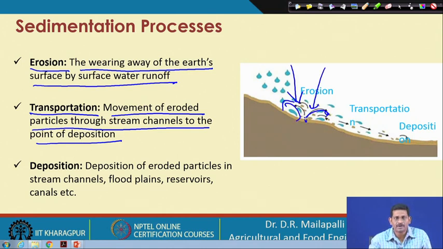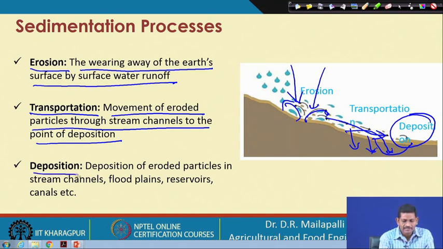Mostly due to rain, this kind of flash erosion takes away the particles along with the flow. The flow has enough transport capacity to carry the particles from one place to another. But due to reduced capacity of the flow, or maybe due to infiltration, or if there is some depression where the sediment is trapped, the flow capacity is not enough to transport the particles, and deposition takes place at some place.